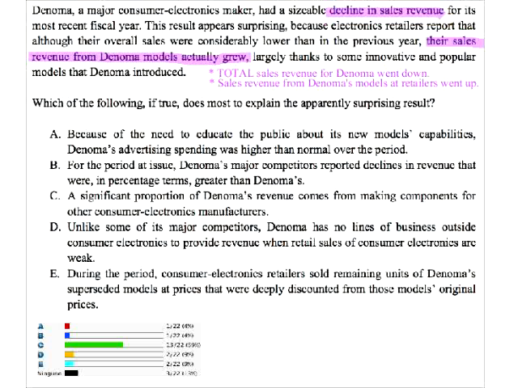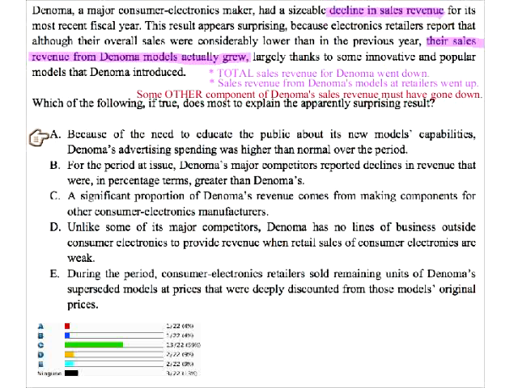And it must have gone down by quite a bit, because this is one component of that revenue, this sales revenue from the models at retailers. That went up, but their overall combined sales of everything went down. So something else they sell must have taken a big hit.